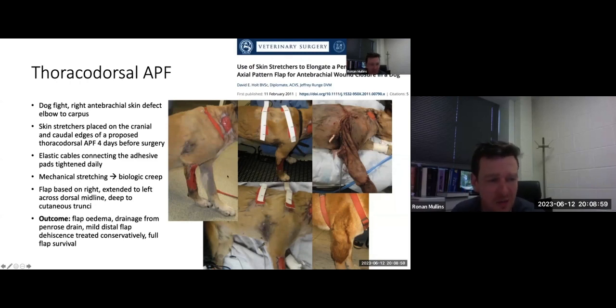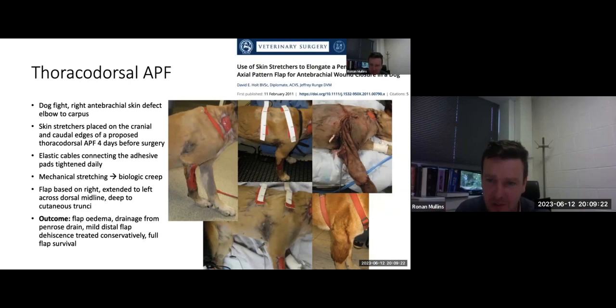Just not to confuse things too much, there is another thing that could have been done here, which is known as the delay phenomenon, or ischemic preconditioning of a flap. What can be done is the outline of the flap is incised, but the flap is not elevated, and you just suture it back into position.